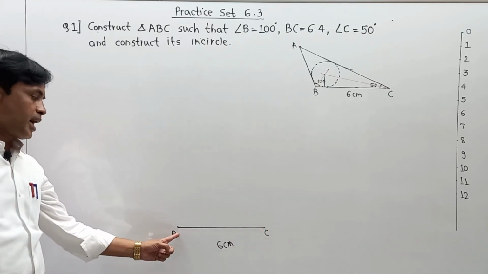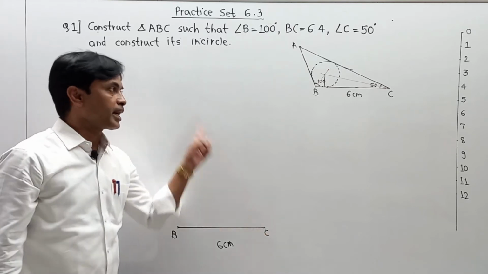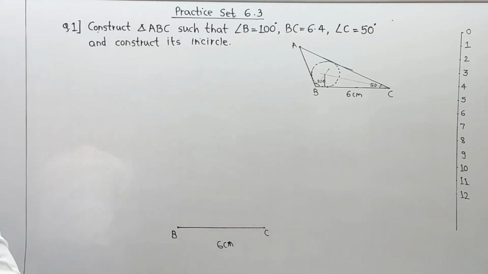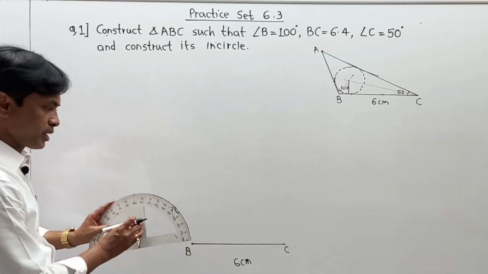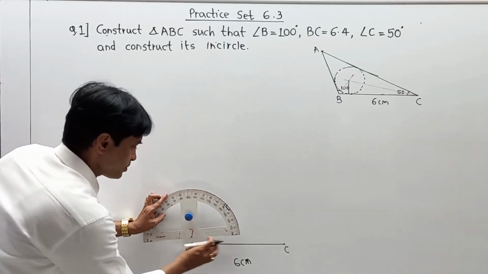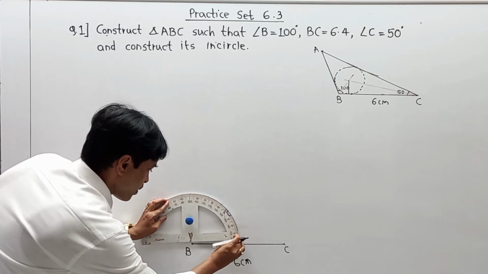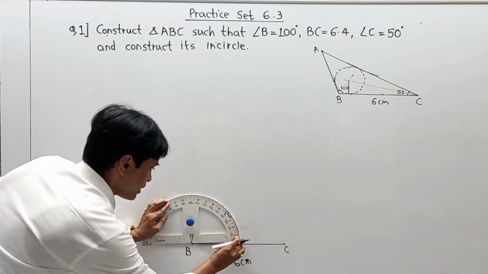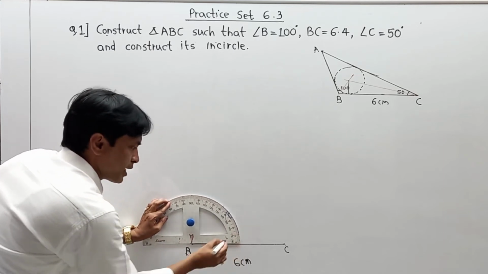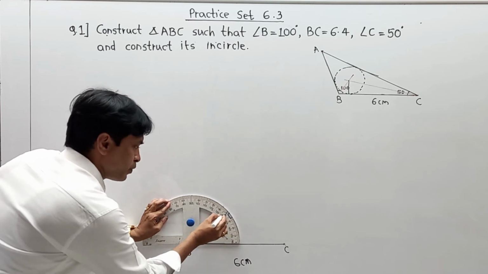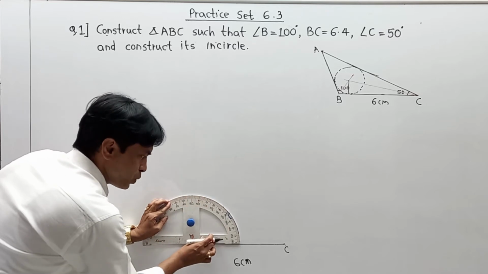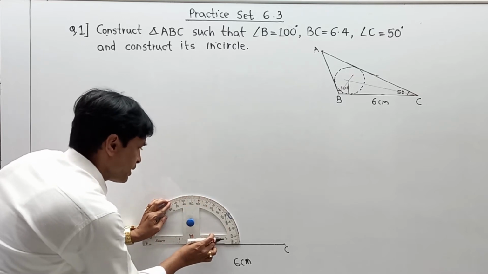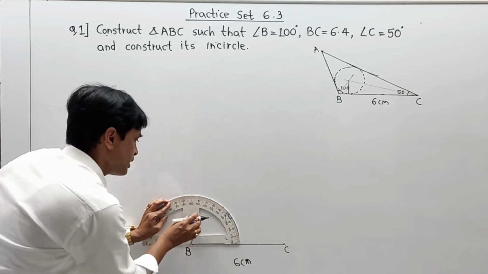Now we have to take angle B with 100 degree and angle C with 50 degree. So for that I am going to take a protractor over here, and from B we have to take an angle: 10, 20, 30, 40, 50, 60, 70, 80, 90 and 100. So from point B we are going to take an angle of 100 degree over here.